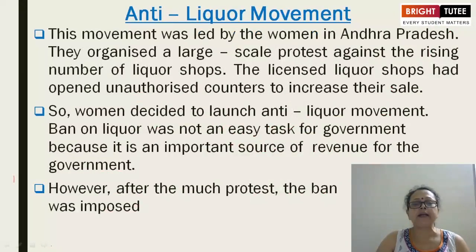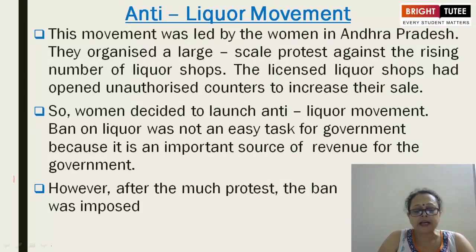Next, coming to the anti-liquor movement. This movement was led by women in Andhra Pradesh. This is post-independence; the 1930 Salt Satyagraha was pre-independence. In post-independence India, there was an anti-liquor movement led by women in Andhra Pradesh.